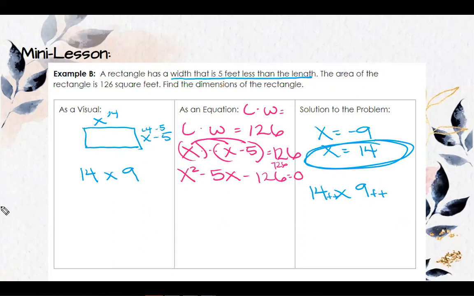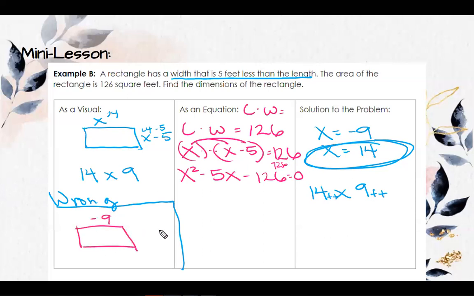Okay. So I want to show you something. Say I wasn't listening to Miss Bolin and I was like, oh, there's the negative. I'm going to do the negative. So I took the negative and I plugged it in, right? So I say I have -9, and then I have -9 minus 5.